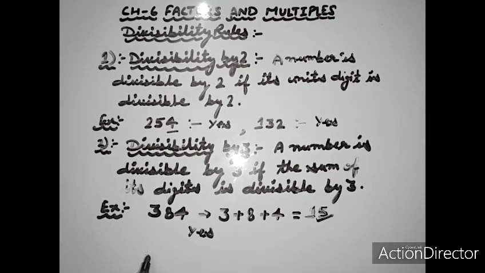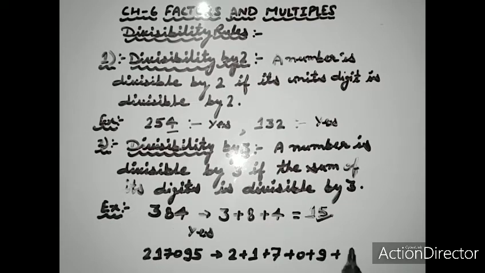Now here we take another example, like 217095, right? 2,17,095. So now first we add all these digits, 2 plus 1 plus 7 plus 0 plus 9 plus 5, right?